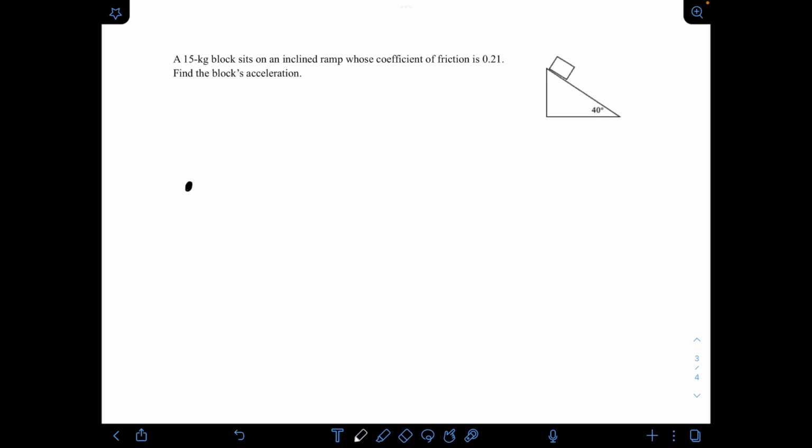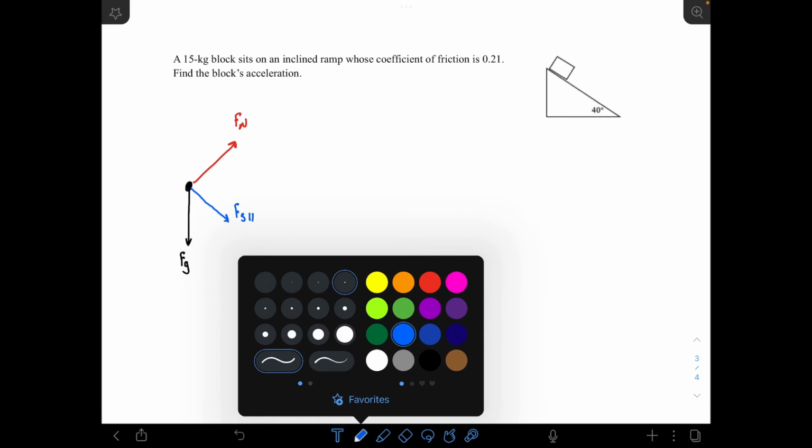according to our demos here. So once again, here's our weight vector pointing straight down. And this one looks like it's set up a little differently. We flipped things around, but still functions the same way. We have the normal force going this way. The weight of the object is going to want to pull it down the ramp this way. This is the FG parallel piece.